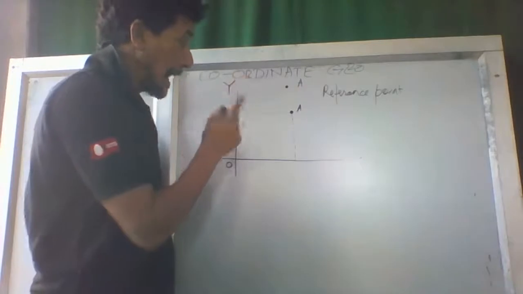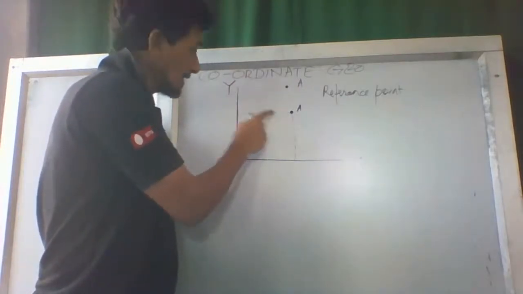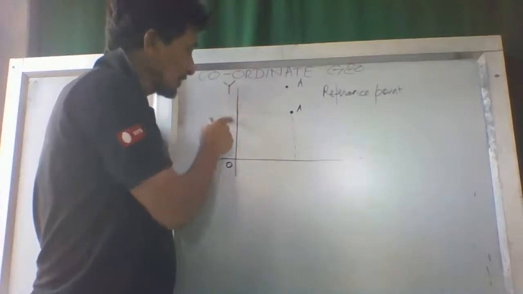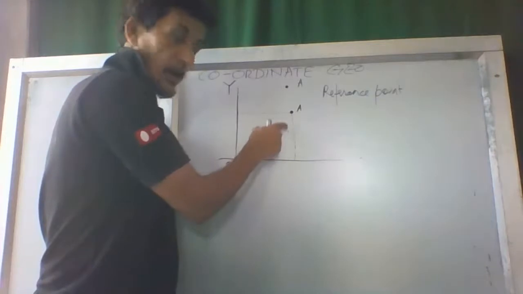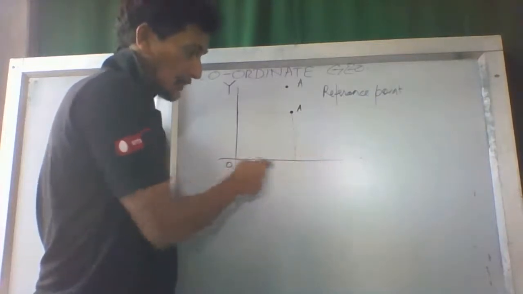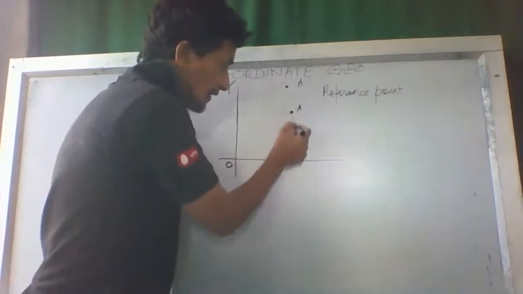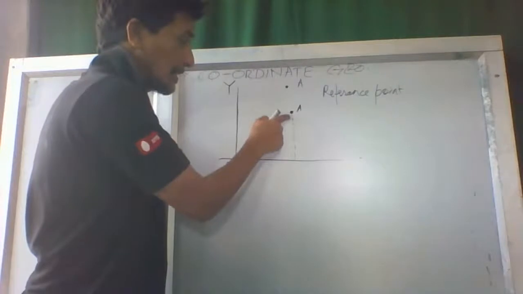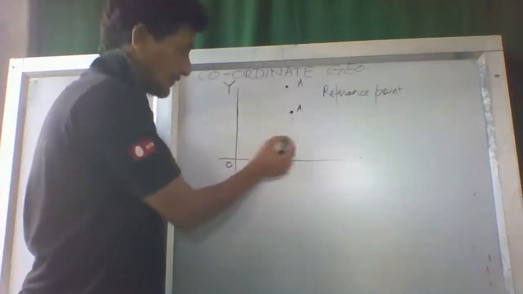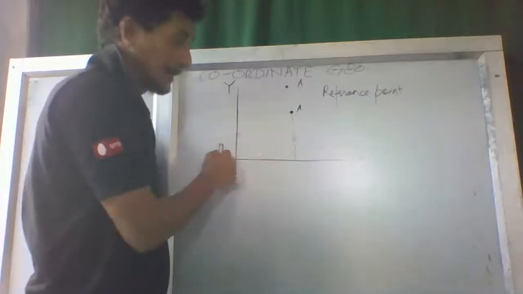Remember, the distance here is height, which means it is the y-axis distance. This side is equal to this side. It is a rectangular component.